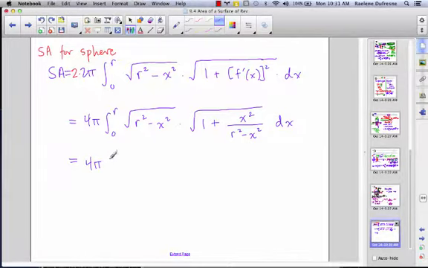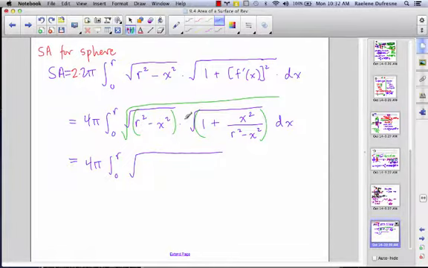So we get 4 pi times the definite integral from 0 to r. We can make one big square root out of all of this and multiply the factors. So r squared minus x squared times 1 is going to give r squared minus x squared. And then r squared minus x squared times something over itself will reduce, and we are left with plus x squared.